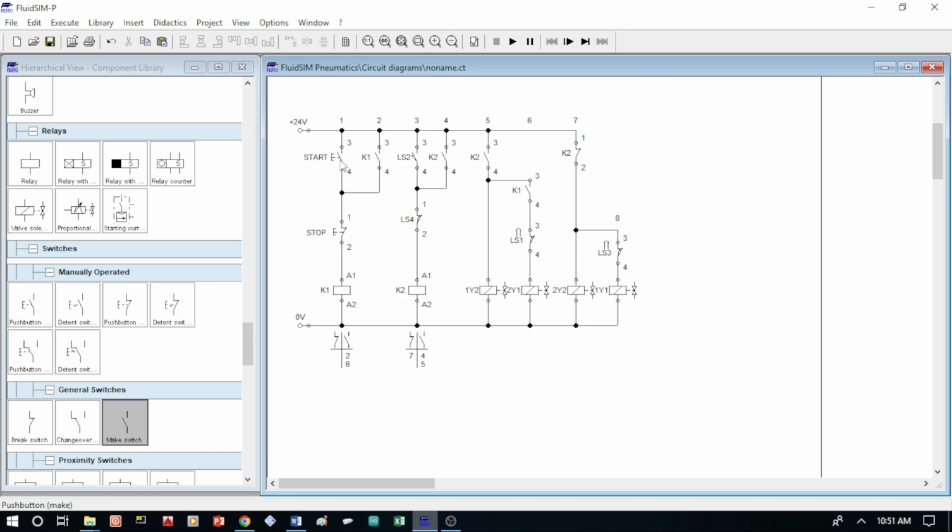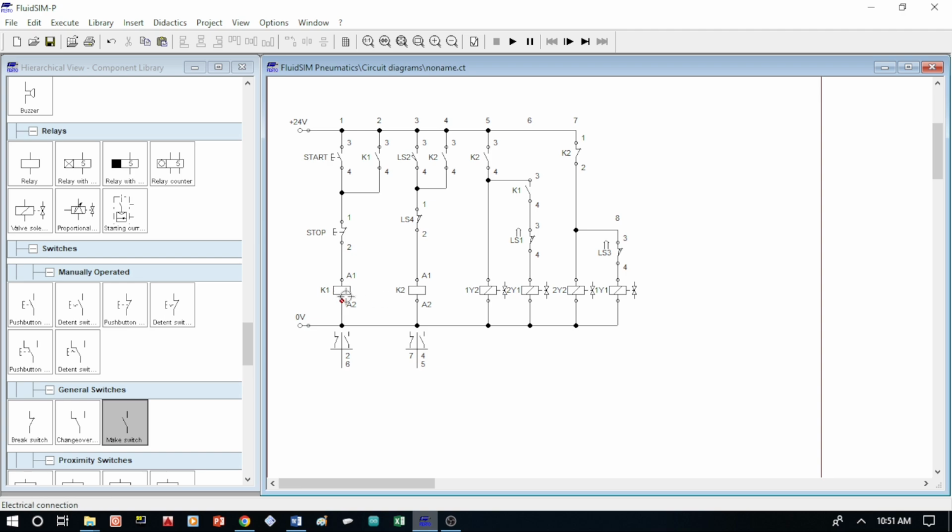This is our push button start. The start button is used to initiate the operation. It is normally open and only passes current when pressed. The stop button is normally closed and used to break the circuit and stop the entire operation at any time.